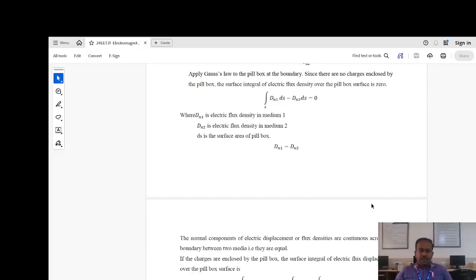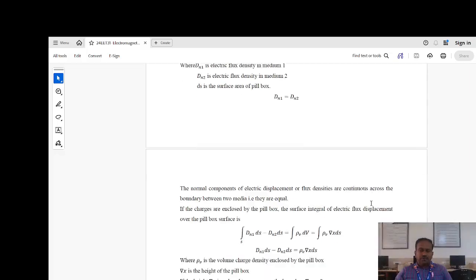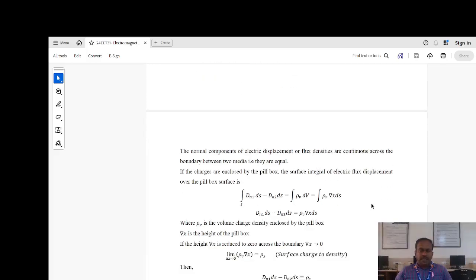If charges are enclosed by the pillbox, the surface integral of electric flux density over the pillbox surface, Dn1 ds minus Dn2 ds, equals the integral of rho v dv, which equals the integral of rho v del x ds. So Dn1 ds minus Dn2 ds equals rho v del x ds, where rho v is the volume charge density enclosed by the pillbox and del x is the height of the pillbox.